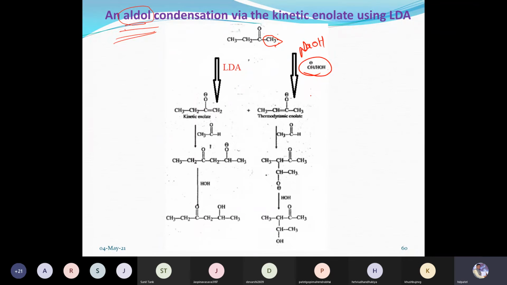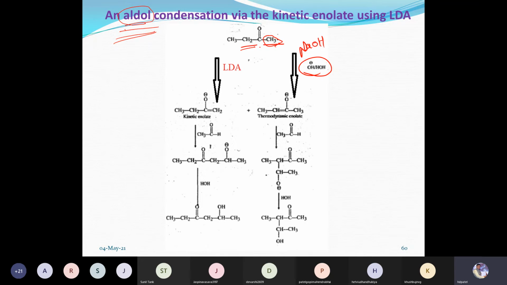and as a result we have two active protons. One is methyl and the second is methylene.